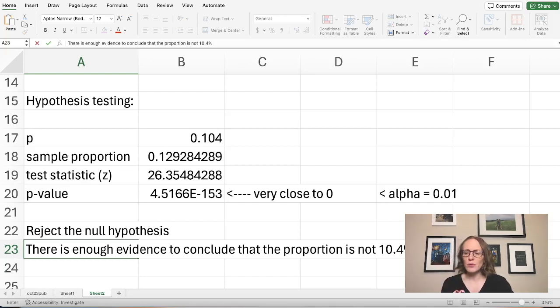And so we could do this with the assumption first for our null hypothesis that it's at most 10.4%, and try to see if we can conclude that now it's bigger than 10.4%. And here we would be able to do that. And so this can help us say something about our whole population using a sample.